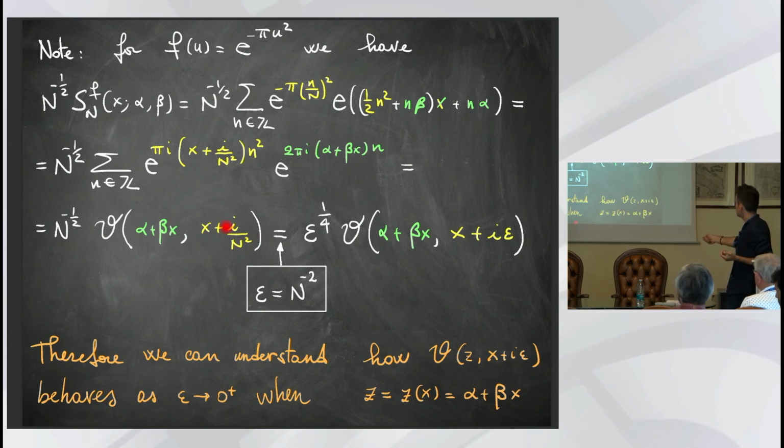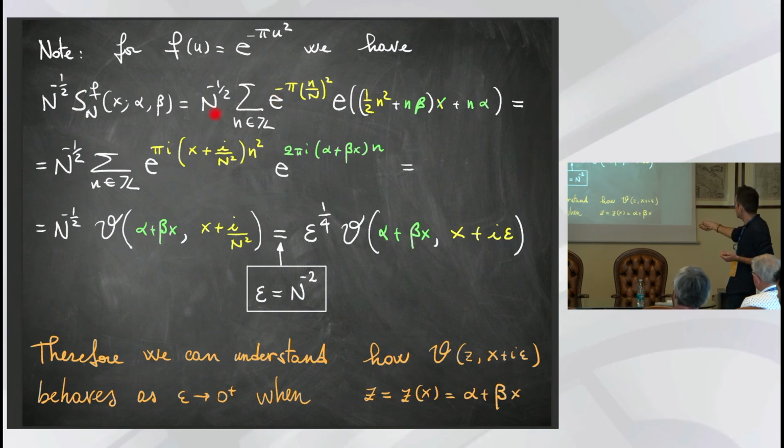I told you that we can handle sums like this. Now let's pick a particular function f, which is a Gaussian, e to the minus pi u squared. If you plug in the definition of Sn, that Gaussian, and then you gather this expression with the 1/2 n squared, and you really think of this minus as i times i.